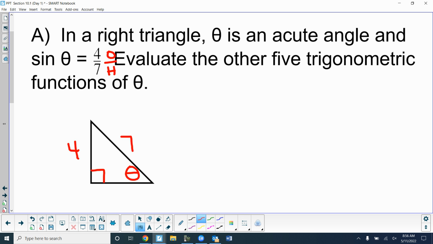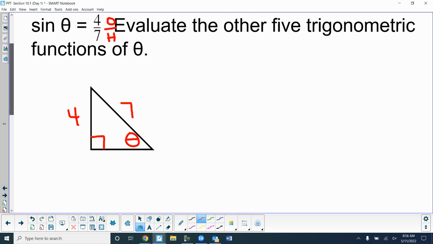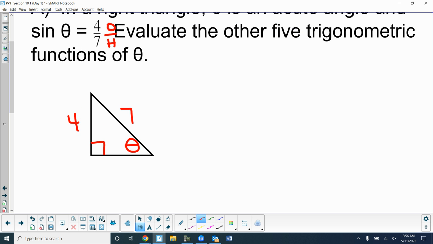So now it's a problem just like we just did, right? What do I have to figure out? The adjacent side, correct. So how am I going to do that? 4 squared, we'll just call it b squared. We'll make this b, and the hypotenuse we'll call c.